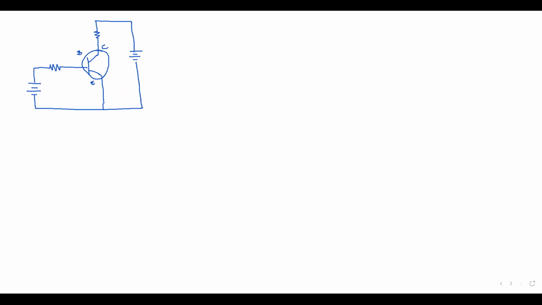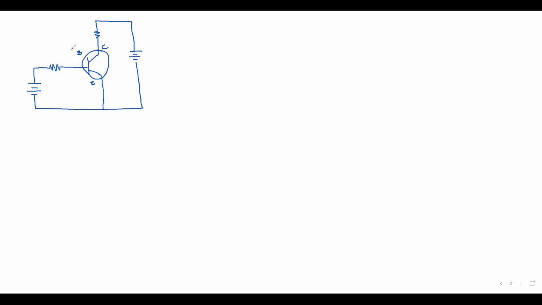Again, this is the simplest circuit that we could have. Okay, now, again, this is the simplest circuit that we can have.